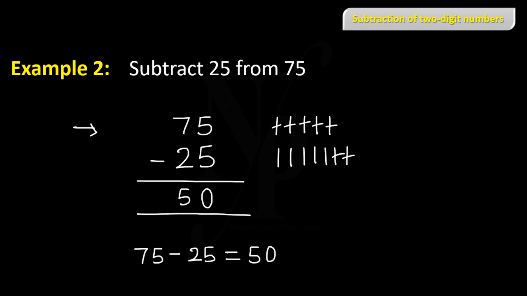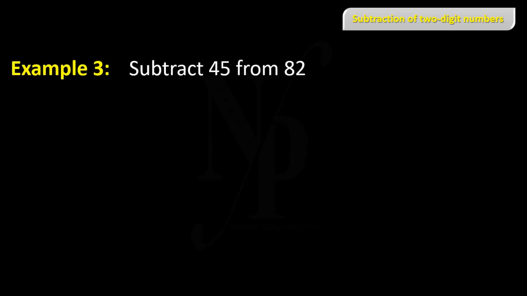Let us move to the next example. Example number 3. Subtract 45 from 82. So we should write 82 first, and below that minus 45.